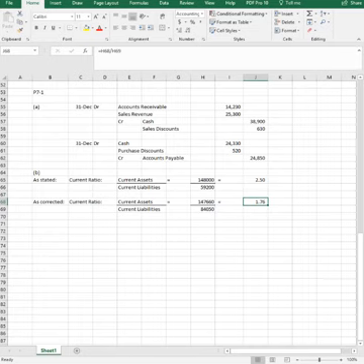The more favorable statement of financial position could be prepared for credit purposes. And of course, as a creditor, you would view a 2.5 times current ratio as being quite a bit better than a 1.76 times current ratio. So it's clear that they are trying to fool the creditors.